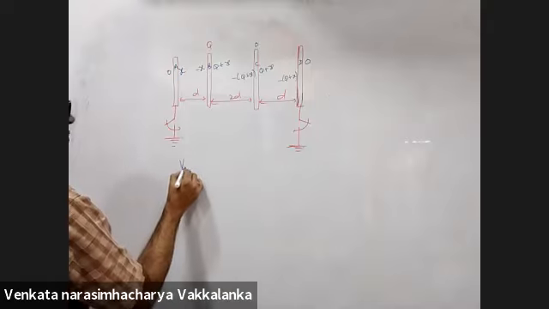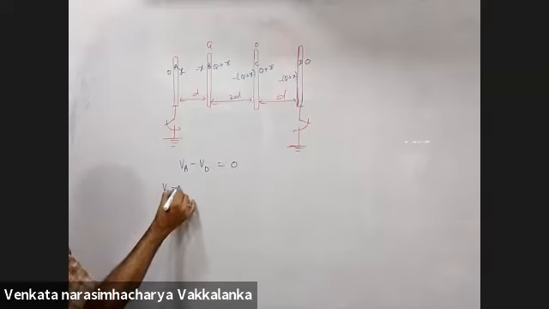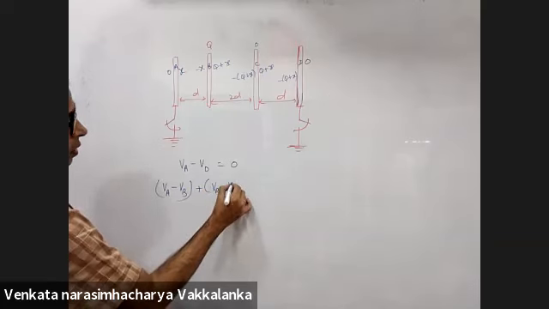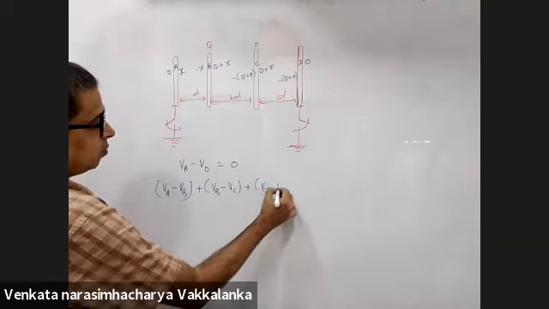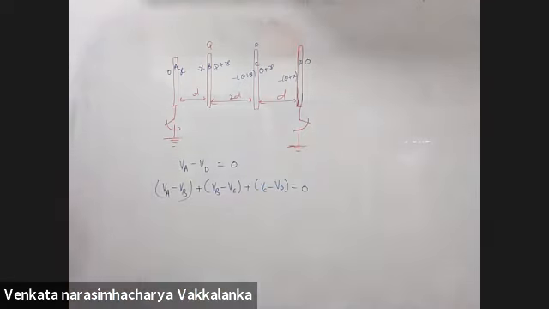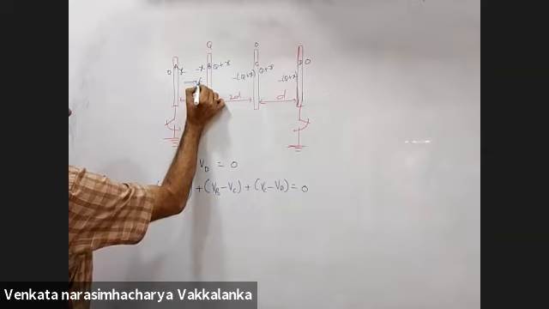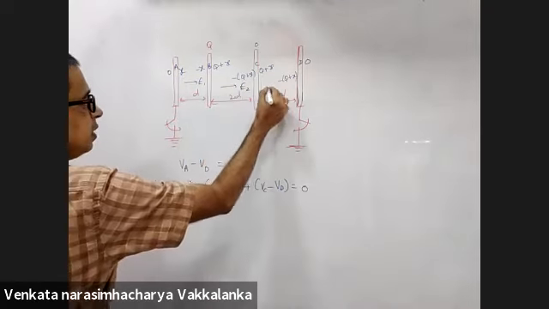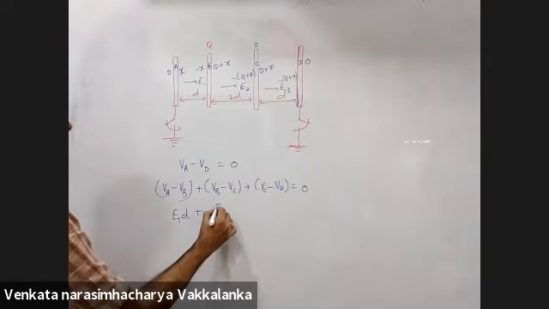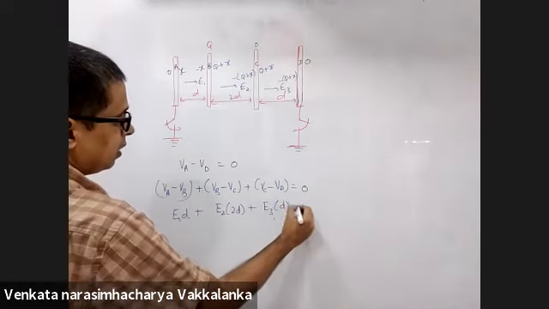Now our condition is VA minus VD should be 0. This is VA minus VB plus VB minus VC plus VC minus VD should be 0. If I call these fields E1, E2 and E3, this will be E1 into D plus E2 into 2D plus E3 into D is equal to 0.